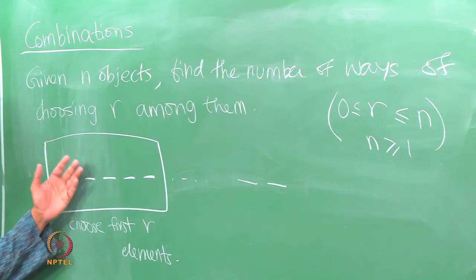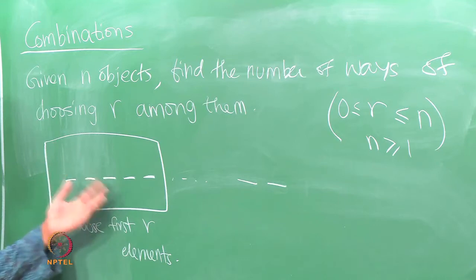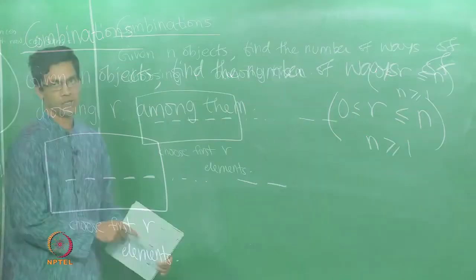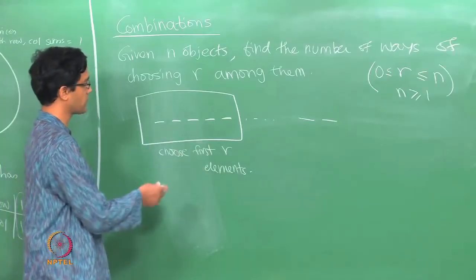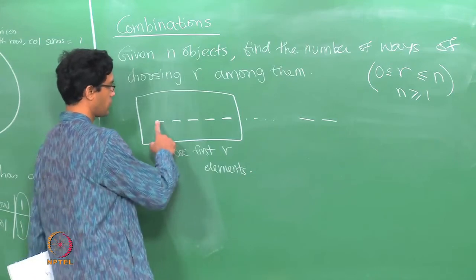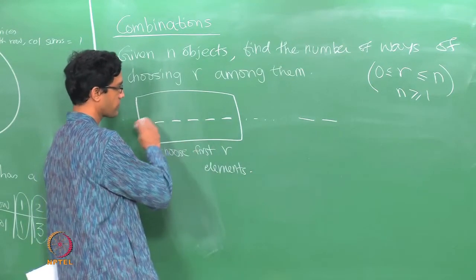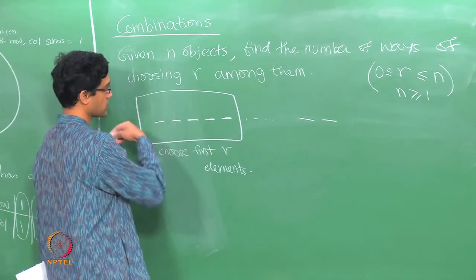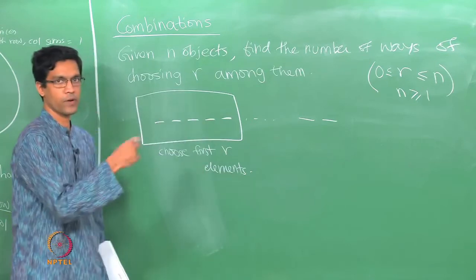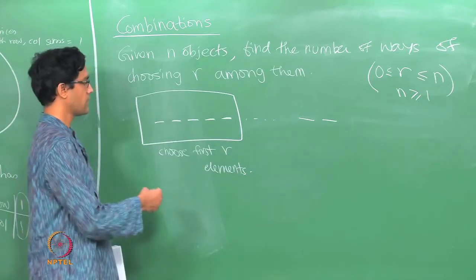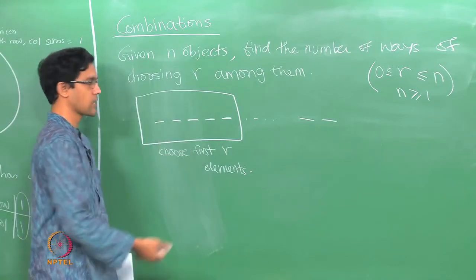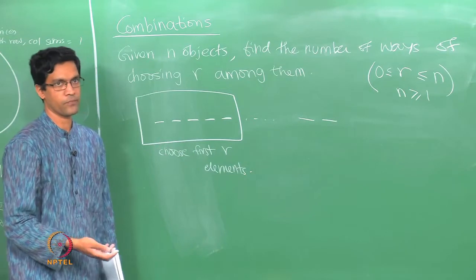The question is, of course, many different permutations will lead to the same choice of these R elements. So how many different permutations will lead to the same choice of R elements? If you are given some permutation, and you construct another permutation in which you permute these first R elements any which way you want, then in that new permutation the first R elements are still the same, just occurring in a different order.